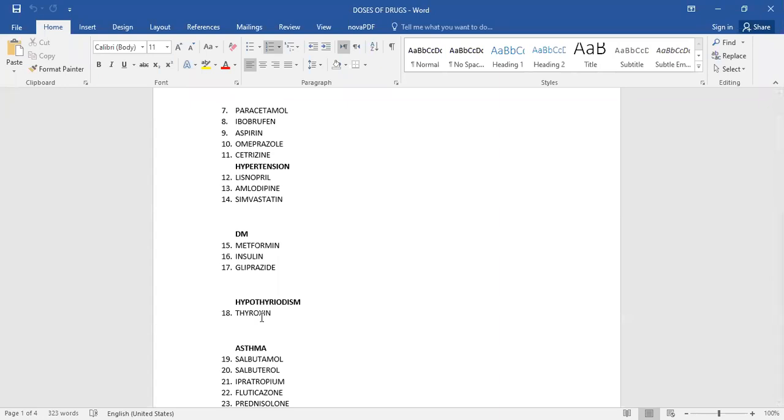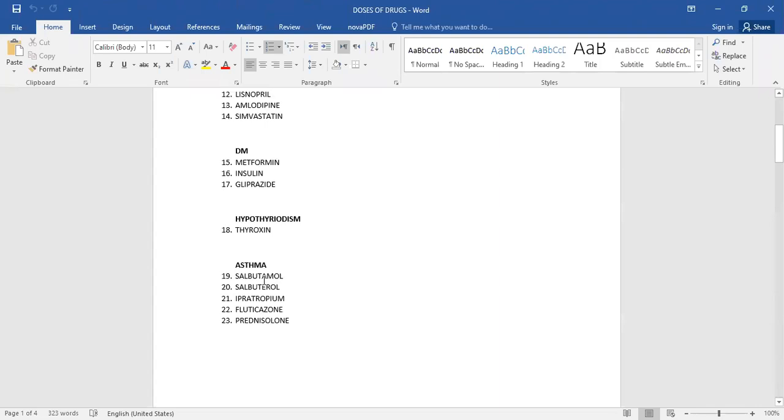So you will write down microgram, not 0.5 gram, not like this. For asthma, salbutamol, ipratropium, these are all inhaler forms. So you need to write down that this is an inhaler form that you are using. Fluticasone is a steroid inhaler. Prednisolone is an oral steroid for asthma care.